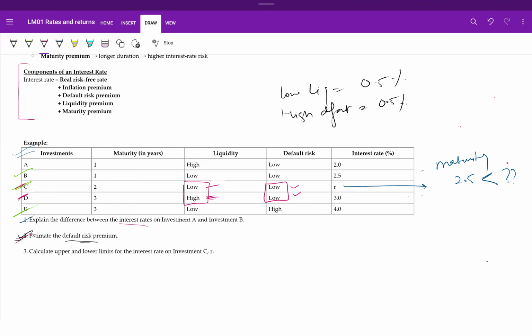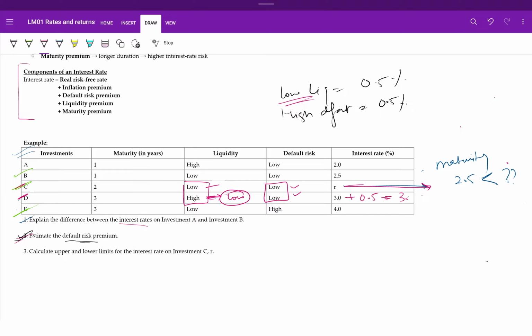this rate, if I adjust this and I make this low again for comparability, so I will actually have to add 0.5% here. This is actually the liquidity premium, 3.5.